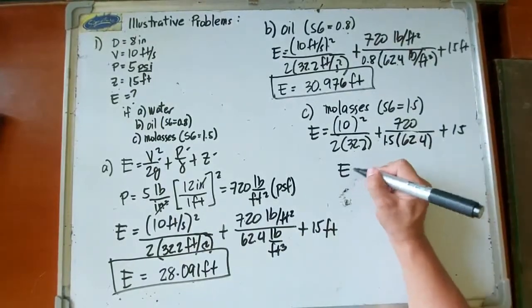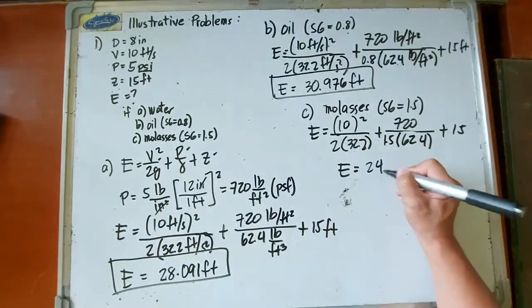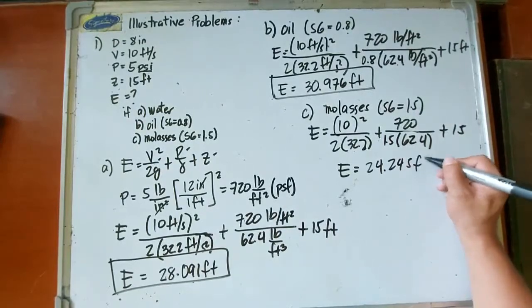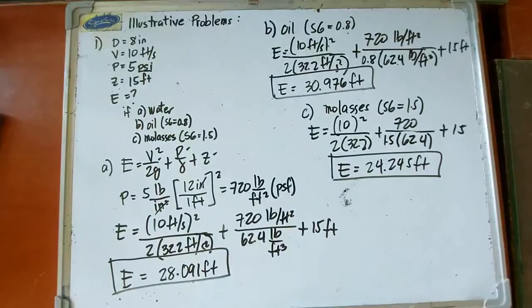So the total energy, if the liquid is molasses, let's say it's 24.245 feet. So that would be the energy if the liquid is molasses.